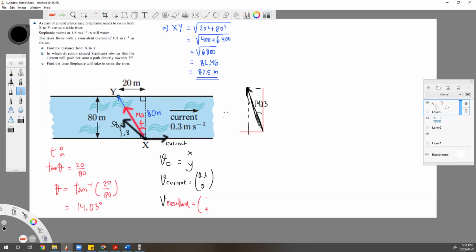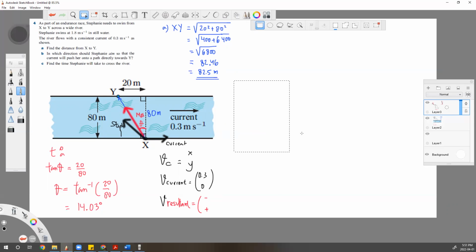So we have some triangles here. I will give you the complex triangle so you can see it in order. So this is Stephanie, right? And this will be the current. And the resulting force will be about here. Let's see for the parallelogram.